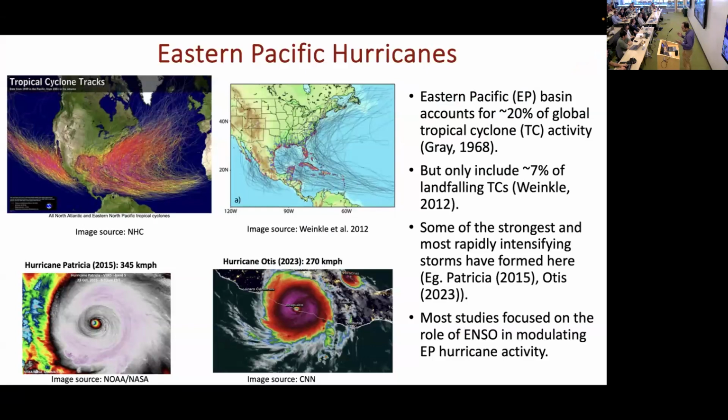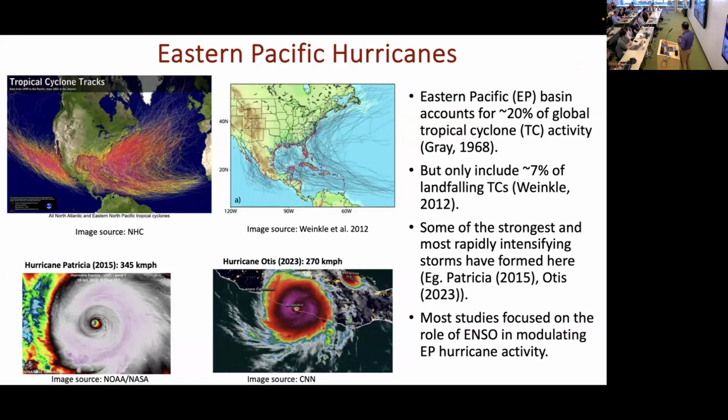Before I begin, just a brief primer on storms in the Eastern Pacific. If you look at the global tropical cyclone activity, the Eastern Pacific Hurricane Basin is the second most important in the world. It's only next in importance to the Western Pacific because it contributes nearly 20% of the global tropical cyclone activity.